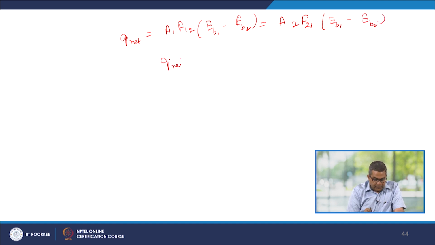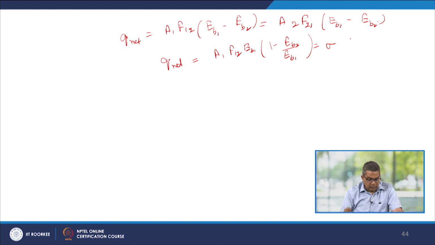So Q net has become A1 F12 Eb1 (1 minus Eb2 over Eb1), which is equal to small sigma A1 F12 T1 to the power 4 (1 minus T2 over T1 to the power 4).